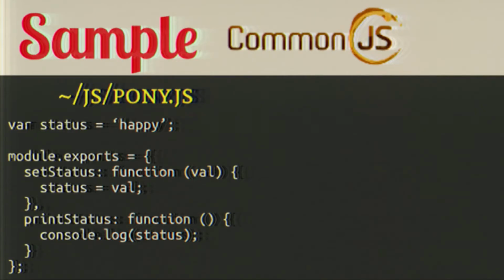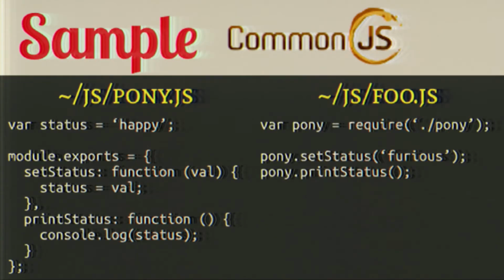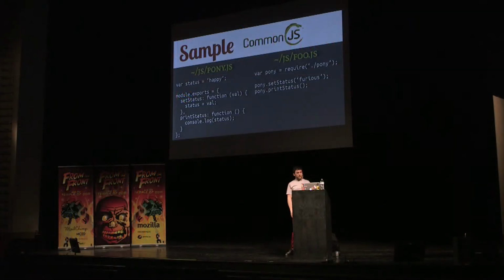As an example, as we saw earlier, you just declare a piece of code where you have your variables that are local to your module. You export an API with a couple of methods, and then you are able to consume it really easily, passing the relative path to your module and using the API.